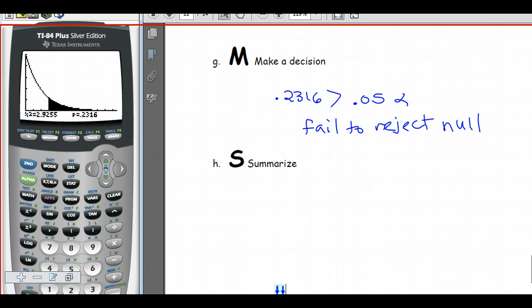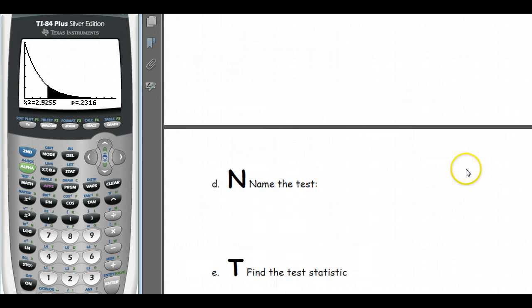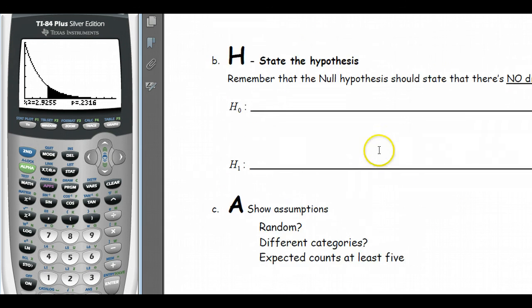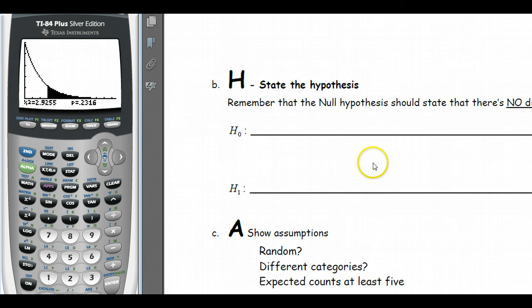So for my summary, if you need to go back and see what our null was, it was that they are independent of each other. So there's no difference, so there's no association is what we're saying.